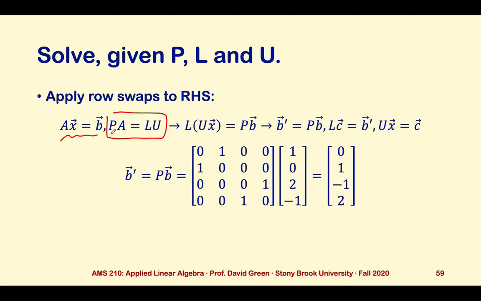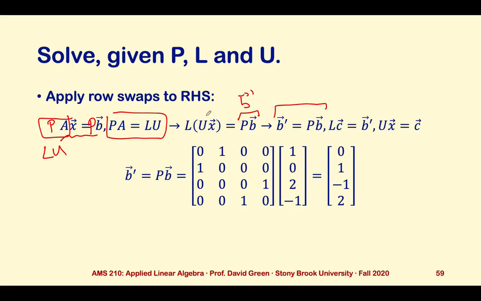And note that we have a P here, which means the very first thing we would need to do is multiply both sides by P. After doing that, we can recognize that PA can be replaced with LU, and this gives us LUx equals Pb. Right? We can write Pb as b prime. That gives us one equation.